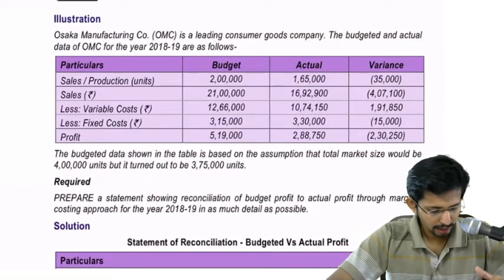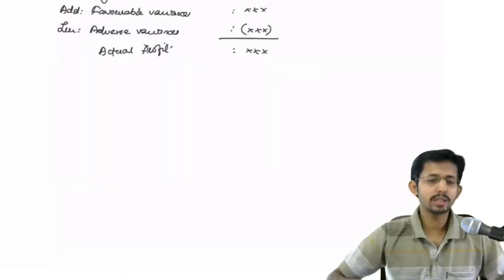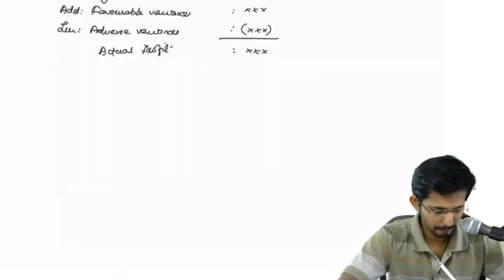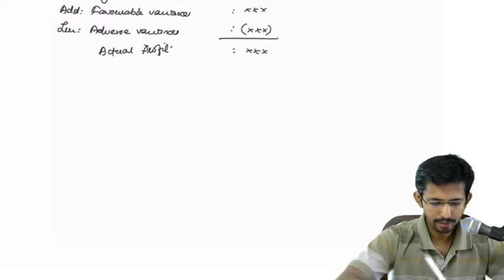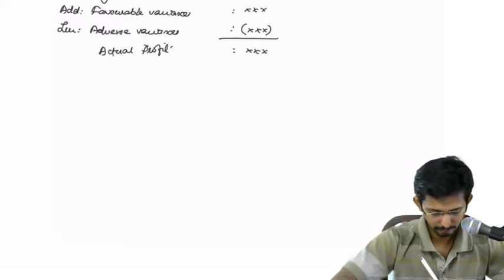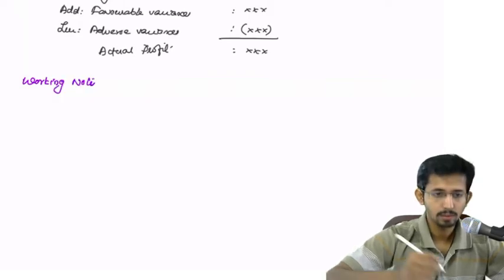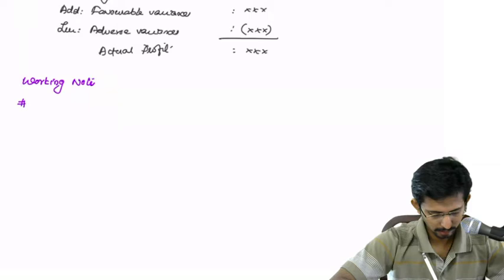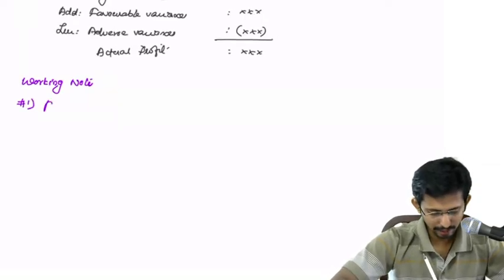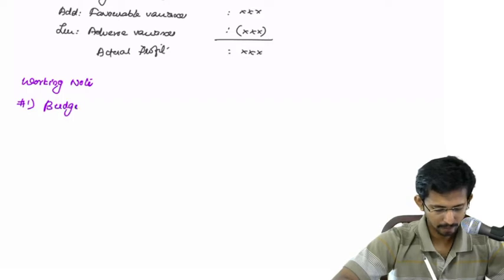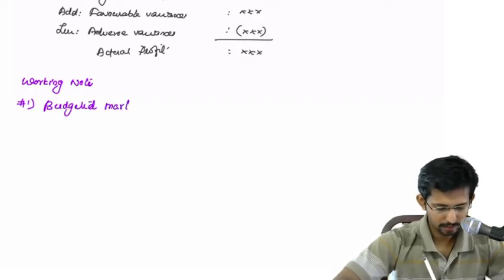We will go ahead now. How to do that? Basically you need to do some calculations first. So you can write working notes. 1. First you can find out budgeted market share.